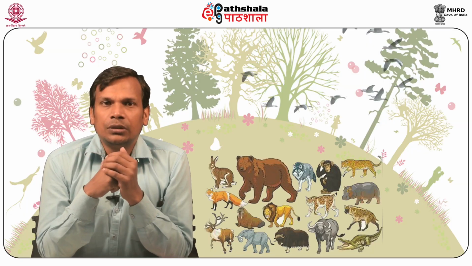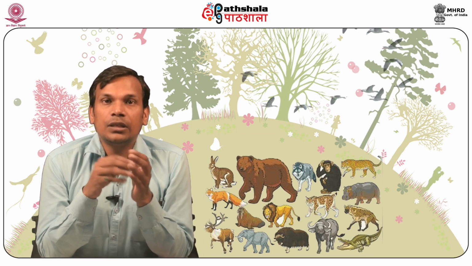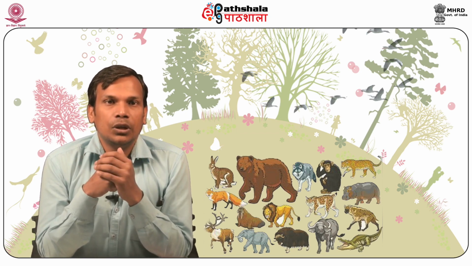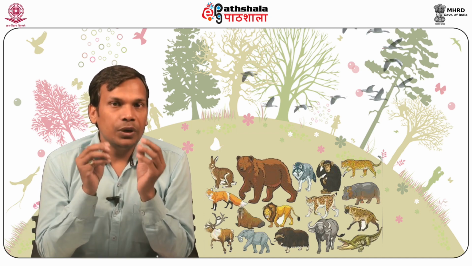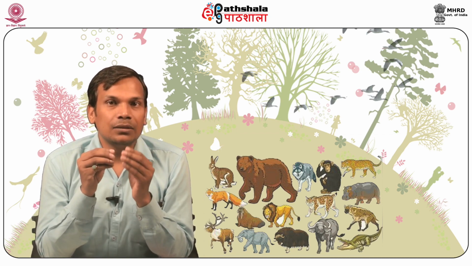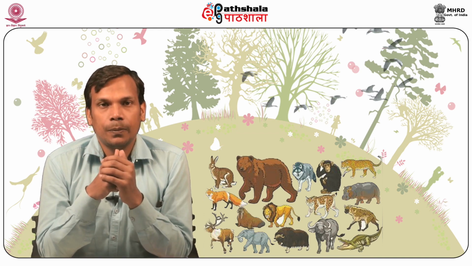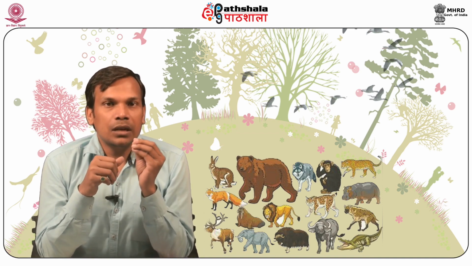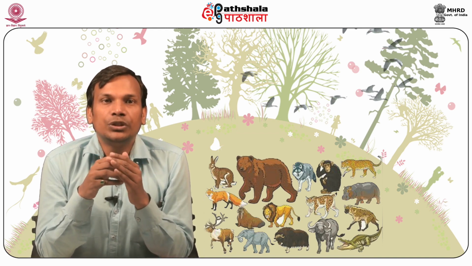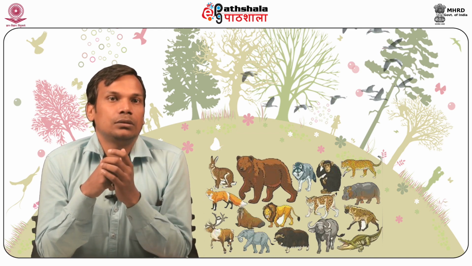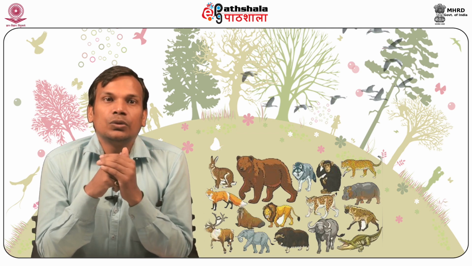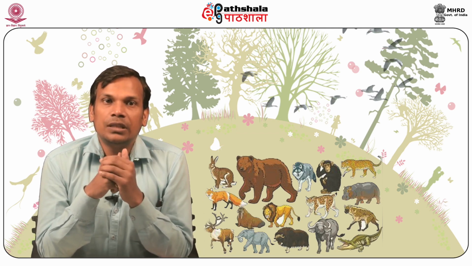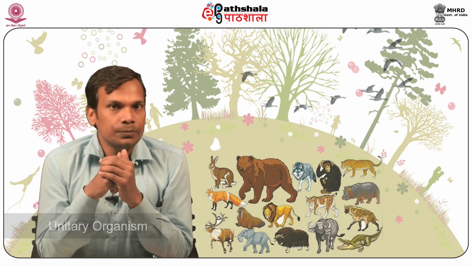A population may be defined as a group of organisms of the same species occupying a particular space at a particular time. The ultimate constituent of the population is the individual. On the basis of this, we can divide it into two types. First is unitary organism.